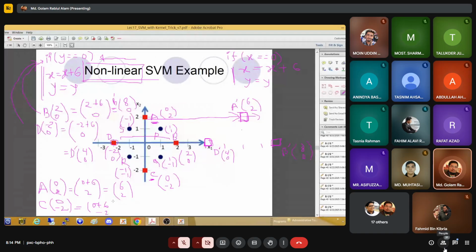So we will get 6, negative 2. Consider that this is our C prime. Okay, 6 means this is the location, I think. This is our C prime, 6, minus 2.